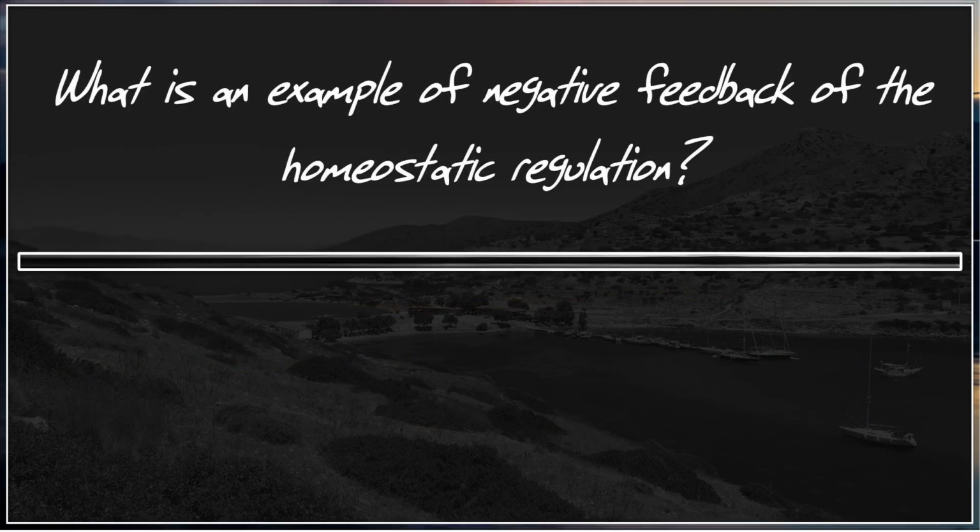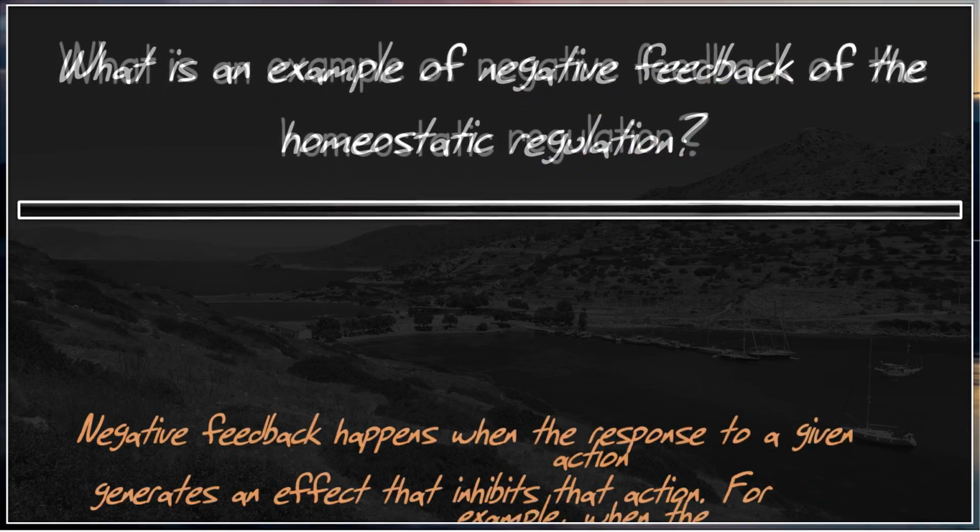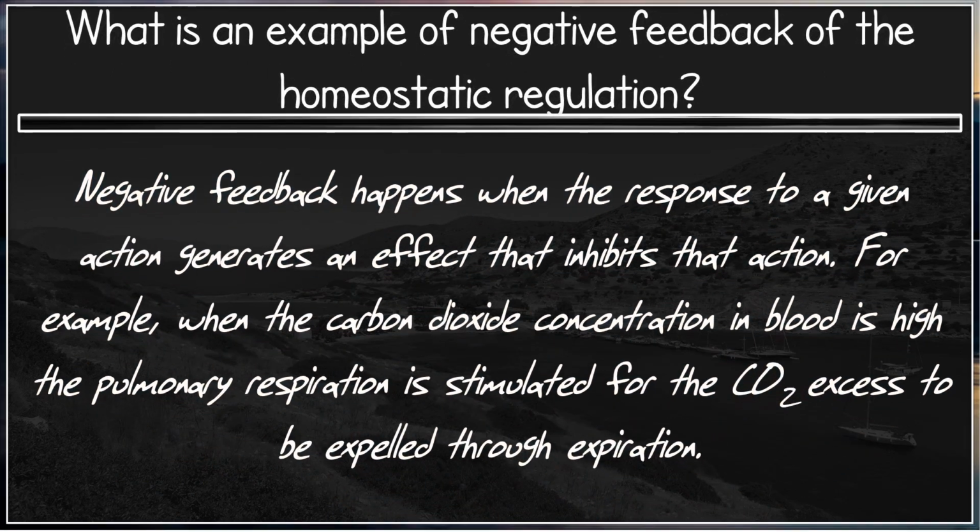What is an example of a negative feedback of the homeostatic regulation? Negative feedback happens when the response to a given action generates an effect to inhibit that action.